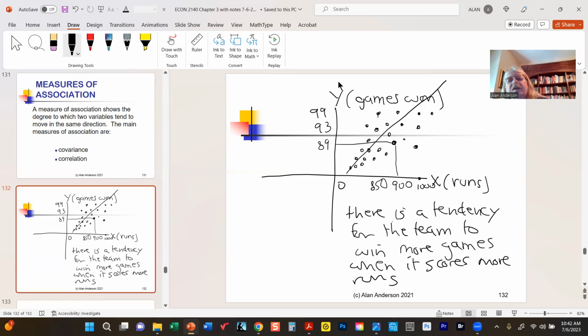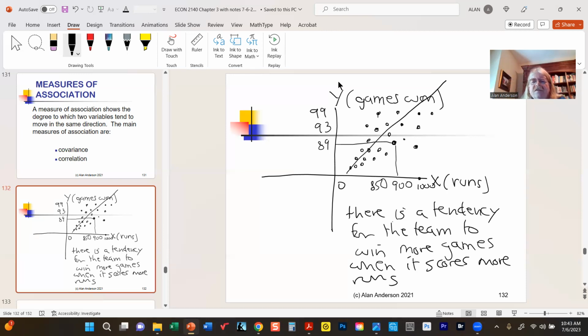That is definitely one way to help yourself win more games. Also, another factor that we don't see on these axes is the defense. Obviously, the stronger your defense is, the more games you're going to win, regardless of how many runs you score. But just looking at these two variables only, what we're isolating is the relationship between runs scored and games won, and we're seeing a strong positive relationship between the two.